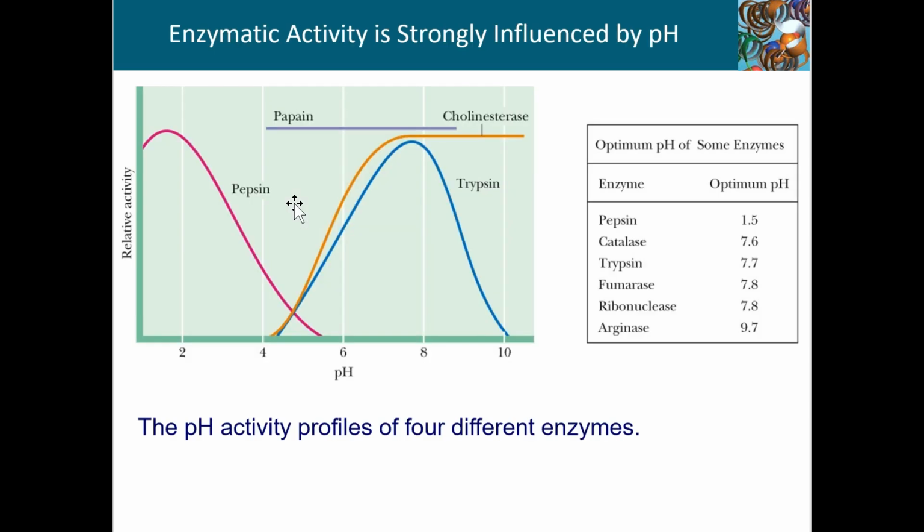So here's a quick look into it, just pH specifically. You can see that trypsin or cholinesterase really likes to function in the mid-7s, around here. That's by design. However, pepsin really prefers to be a little bit below 2. Pepsin doesn't function under the normal pH ranges. It prefers highly acidic conditions because it's digestive, right?